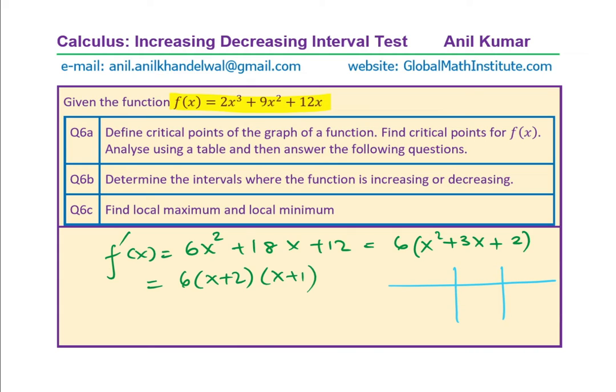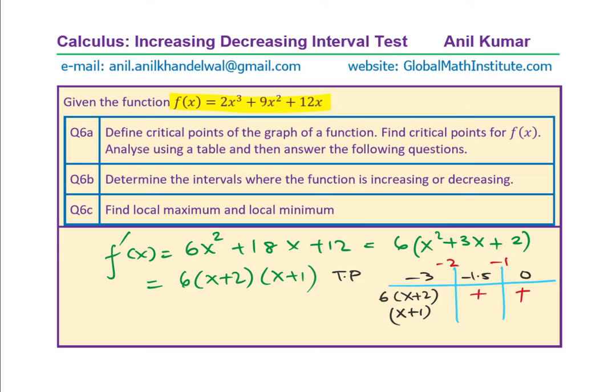So we'll make this table, and critical numbers are minus 2 and minus 1. Take test points: minus 3, you can say minus 1.5, and you can take 0 here, right? So 6 is a constant. Anyway, you can write 6 with any number, x plus 2, and then x plus 1, right? Okay. Let's put in minus 1.5. We'll make this as positive only.